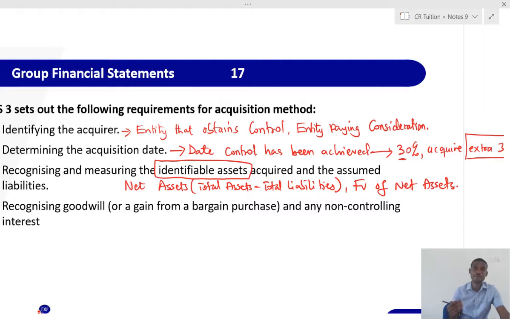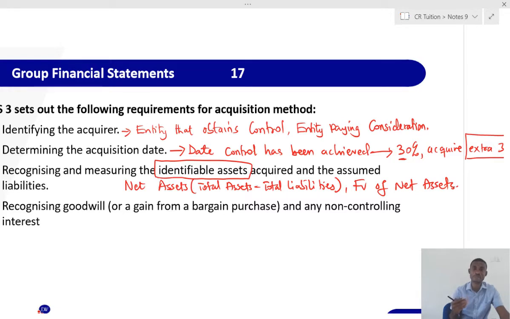The same way, where there are contingent liabilities in the books of the subsidiary, which are just disclosure requirements, IFRS 3 is saying that on the date of acquisition, such contingent liabilities should be recognized as liabilities, and these liabilities will reduce the net assets.